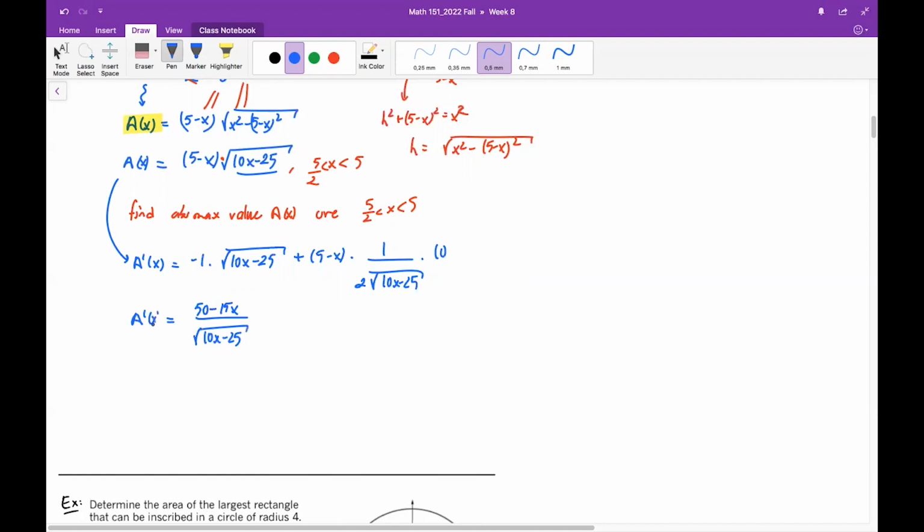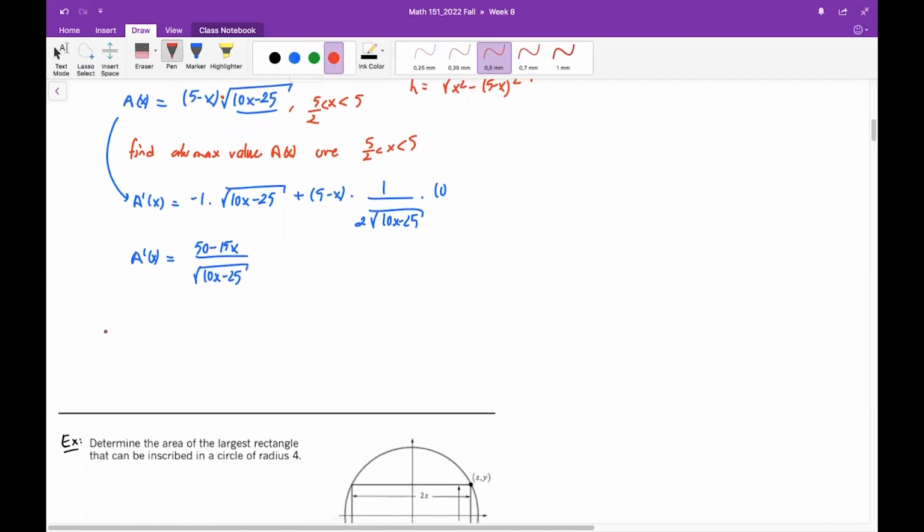Okay, now we are ready to search for the critical points. We first computed the first derivative, now the critical points. Critical points happen when the first derivative is 0 or the first derivative is undefined. A prime is 0 when the numerator is 0. From here, x is 10/3.